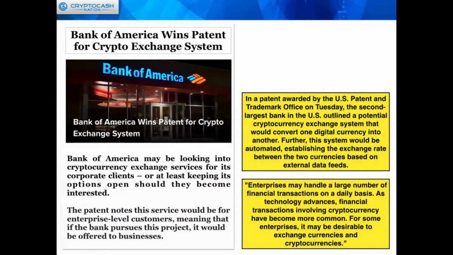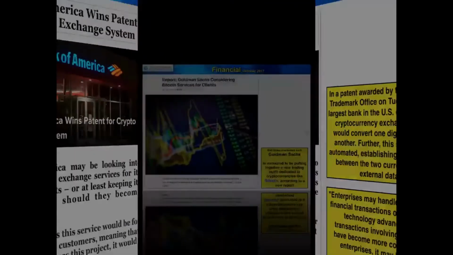And Bank of America, I think it's the second largest bank, certainly in the United States and probably in the world, has already applied and been awarded a patent. So the second largest bank in the US obtained a potential cryptocurrency exchange system that would convert one digital currency into another. And so they're already gearing up for the whole thing, getting ready for it.